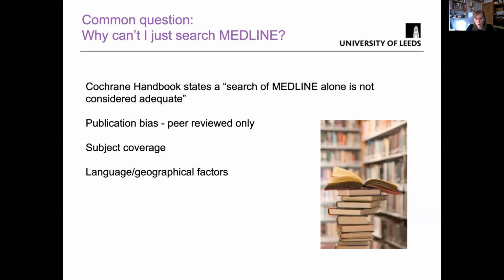Language can also be an issue in systematic reviews. It depends a little bit on your topic, as to where those trials or studies will be. That's really what we need to be thinking about. If you're looking at a tropical disease, which may be very prevalent in a particular region, then maybe we need to be looking at the databases that cover that region, but also ones which are in the languages used in that region.